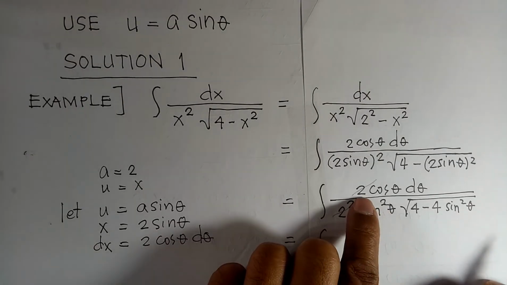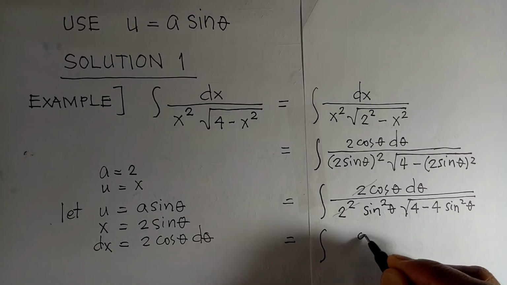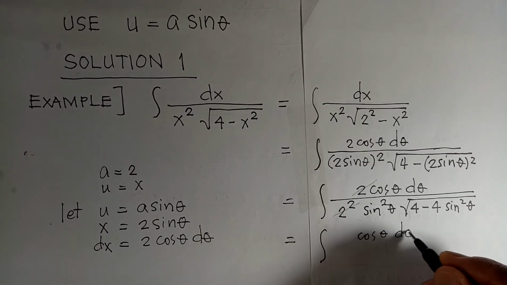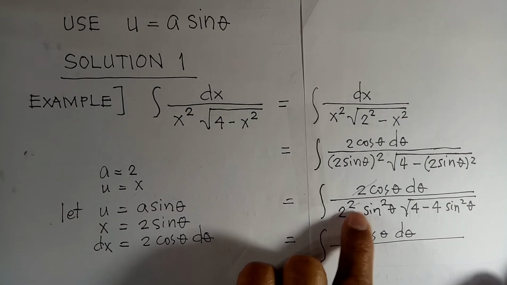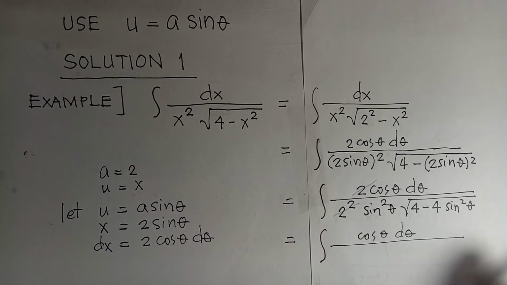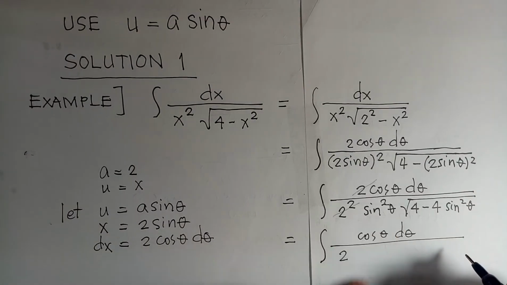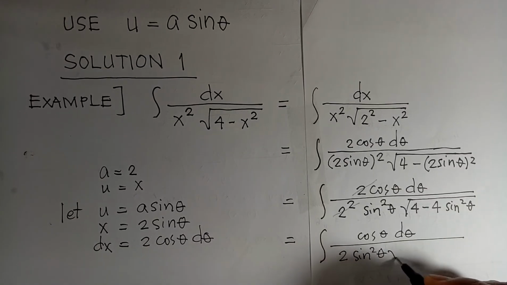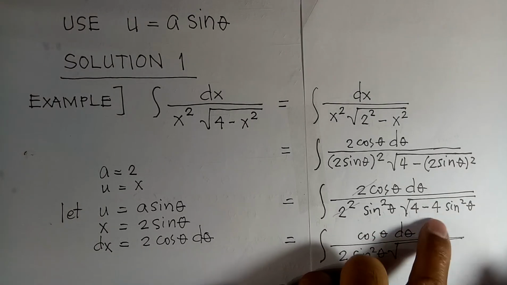So, natira lang sa numerator cosine theta d theta. So, divided by. Dahil na-cancel na yung isang 2, matitira lang dito ay 2. Tapos, meron tayong sine squared theta. Tapos, meron tayong square root. So, dito, there is a common factor 4.